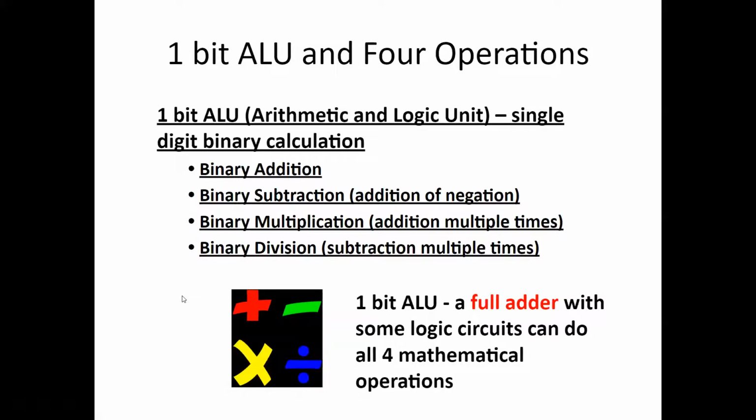Multiplication is just adding the same thing to itself multiple times. And division is essentially just subtracting multiple times. So a 1-bit arithmetic and logic unit, a full adder with some of the logic circuits, can do all 4 of these mathematical operations, even though some of them might be a little complicated.